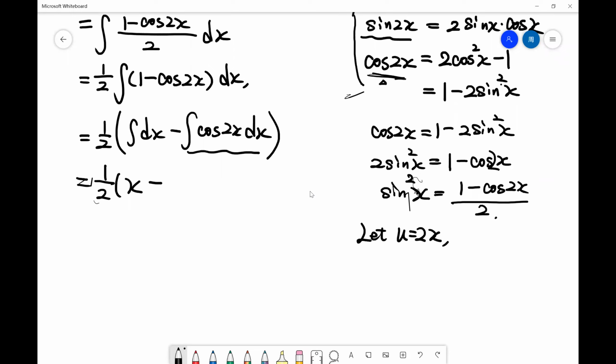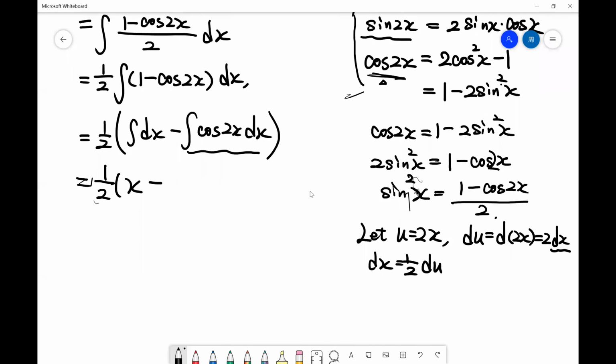We have solved this kind of question before, right? Here u is 2x and du equals d of 2x, so that is 2 times dx. That means dx equals 1 by 2 du.